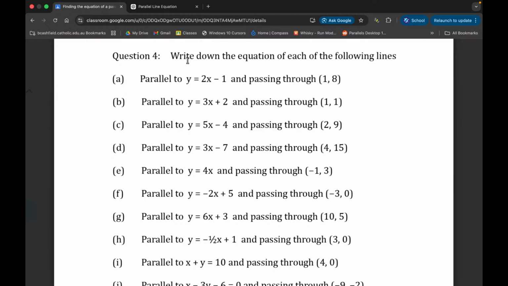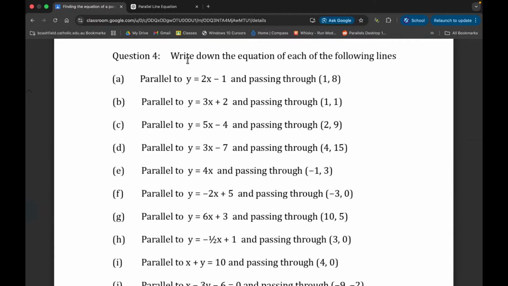Just for my own thing, let's go ahead and attempt another question. So B, let's try B. Just write down the question. y equals 3x plus 2. So we already know that our gradient is the same. So y equals 3x.